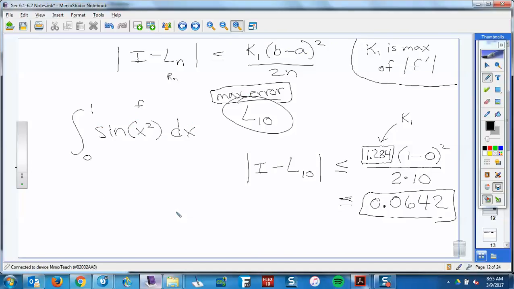A lot of times I'll just let you leave it like this, that's fine, but you could also say the exact answer has to be somewhere between L10 plus 0.0642 and L10 minus 0.0642, that's what we're saying. So you could add that on or subtract that, and you know I is going to have to be in between there somewhere.